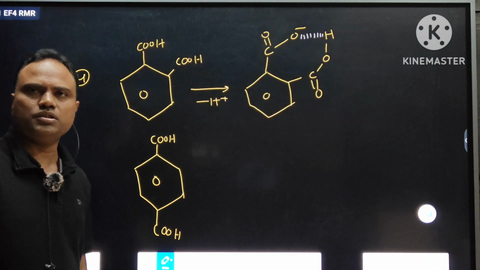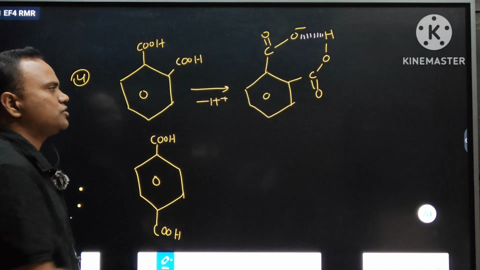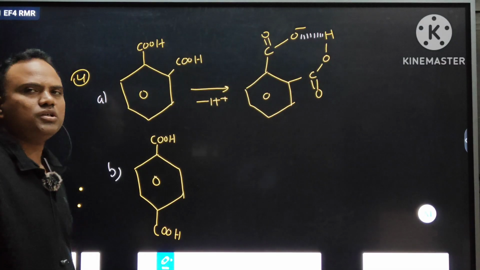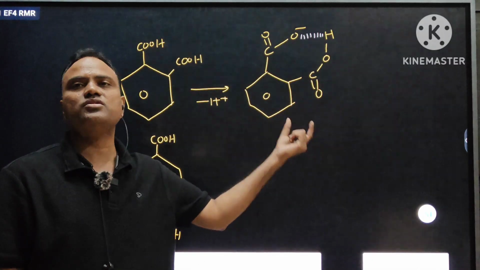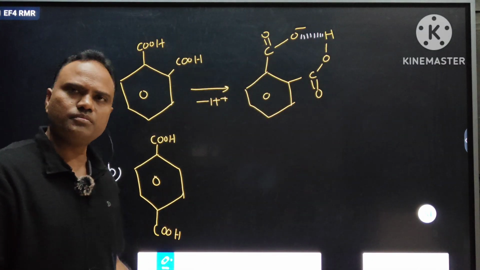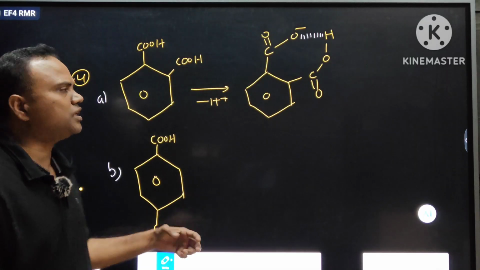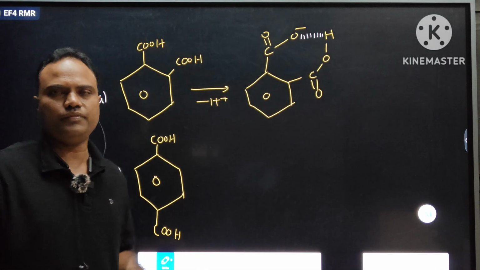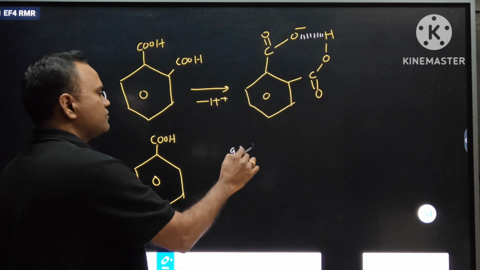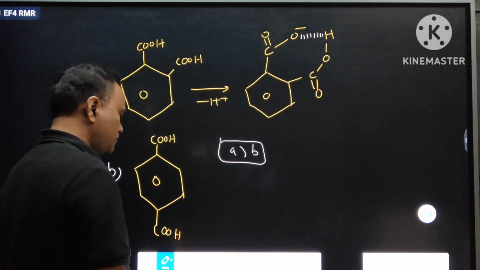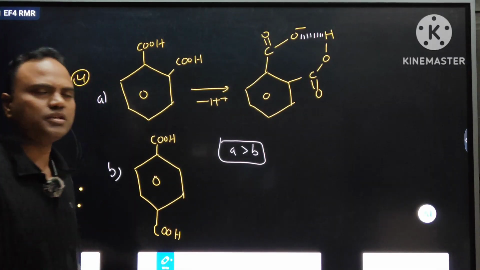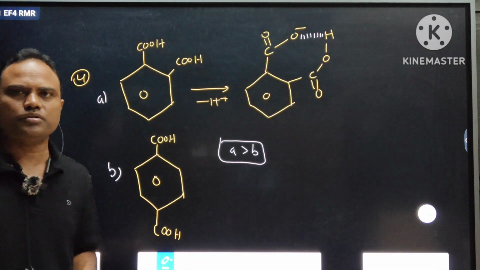So this is also another reason for its more acidic nature. Due to intramolecular hydrogen bonding, the conjugate base will become stable. That's it, it will be more acidic. Another factor is ortho effect. So A greater than B. Phthalic acid is more acidic than terephthalic acid.